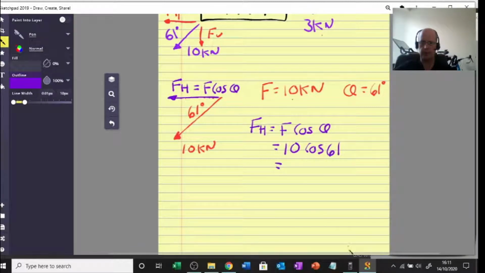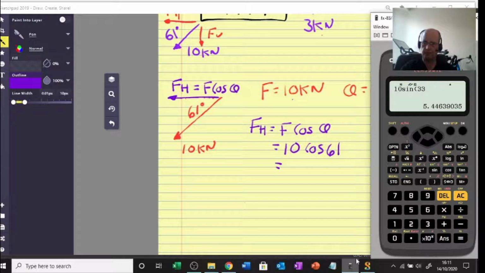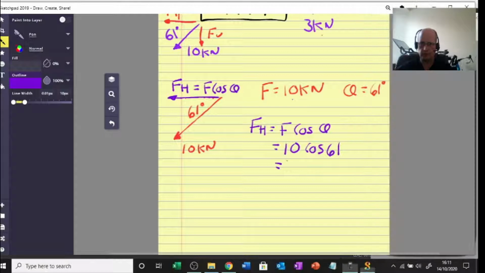Stick that in your calculator and you should get something like this. 10 cos 61. Sounds like a bingo caller. Plus equals, that gives me 4.8. I'm going to call that 4.85 kilonewtons.